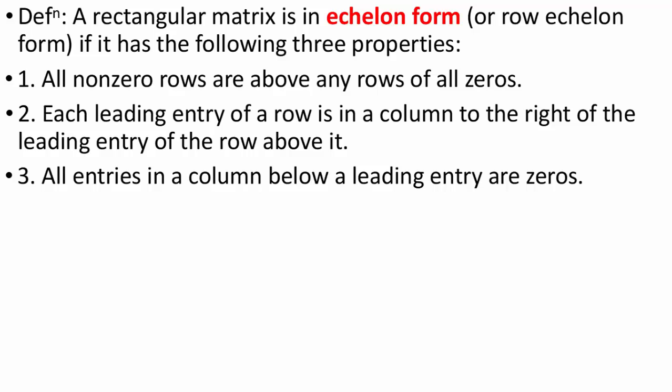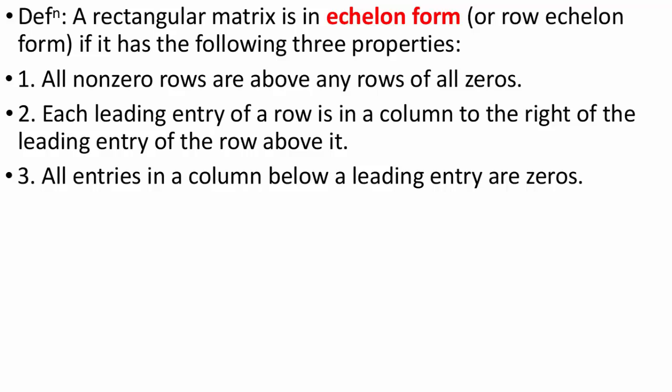We shall see again the definition of the matrix in echelon form. A rectangular matrix is in echelon form or row echelon form, both have the same meaning, if it has the following three properties. First, all non-zero rows are above any rows of all zeros. That means the row containing all zeros is placed at the bottom of the matrix.